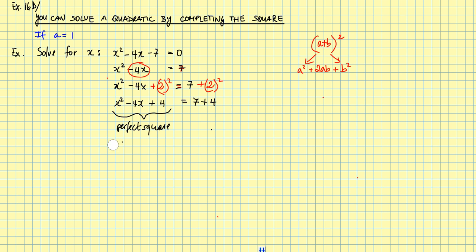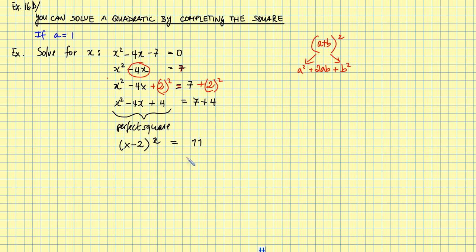Factorizing simply means finding what two numbers multiplied equal 4 and added together equal -4. The two numbers can be none other than x minus 2 times x minus 2, or x minus 2 all squared, and that will equal 11.